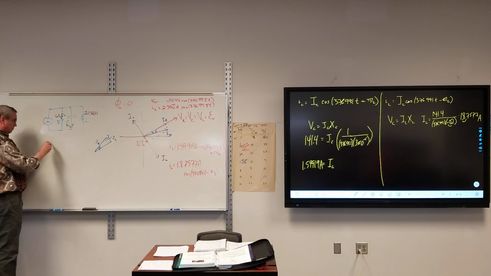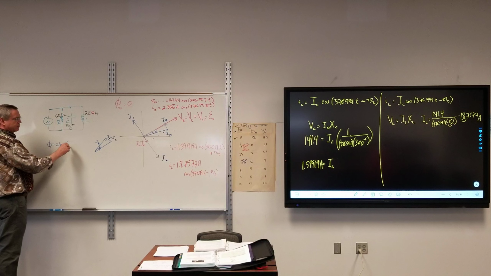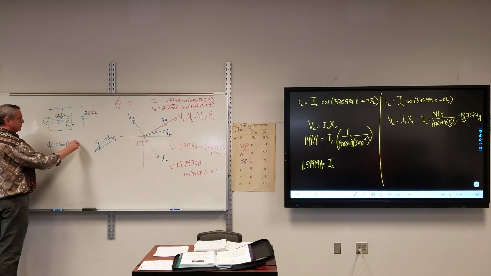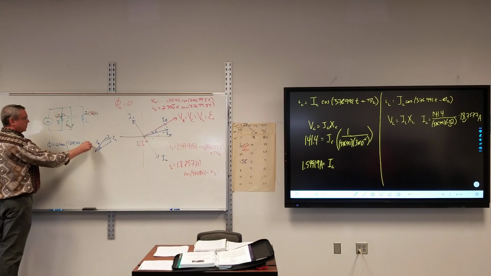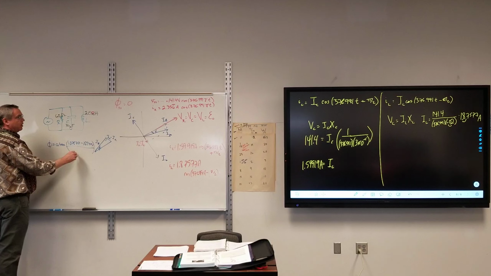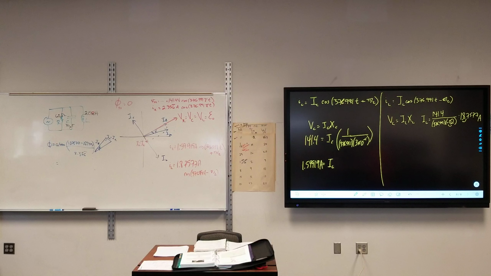So phi is the arctan of I sub L, 1.87577, minus I sub C, which is 1.59919, divided by I sub R, which is 2.356. We end up with a phase angle of, I guess, somewhere around 0.14.